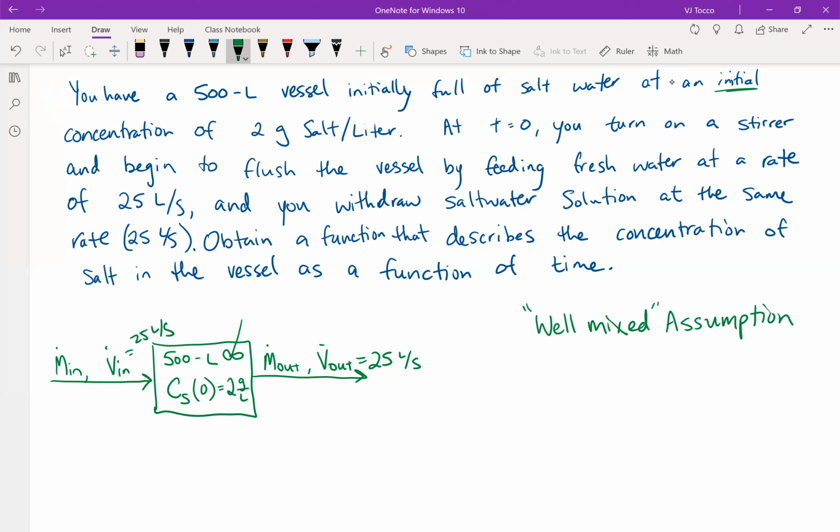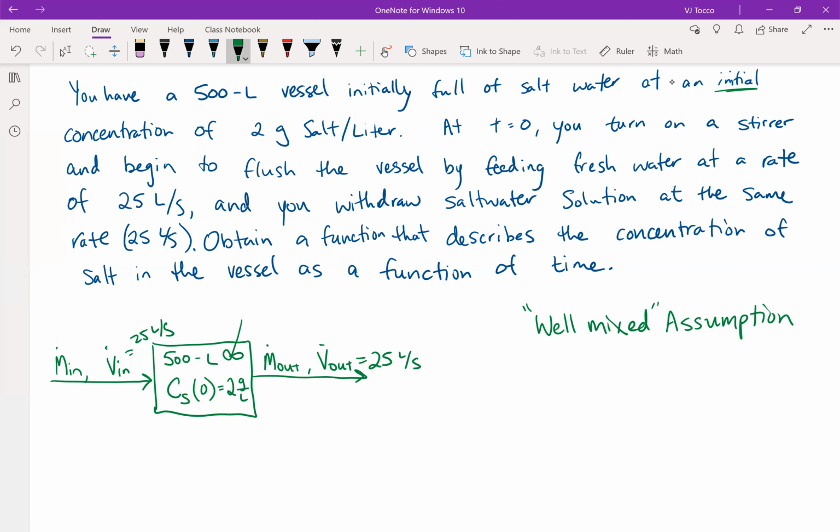What this means is that there's no spatial variation anywhere within the tank. So you can imagine that if I don't have a mixer, I could have a concentration of salt that is a function of where I am within the tank. But if I have a stirrer that's very good, I can assume that the concentration is the same everywhere.